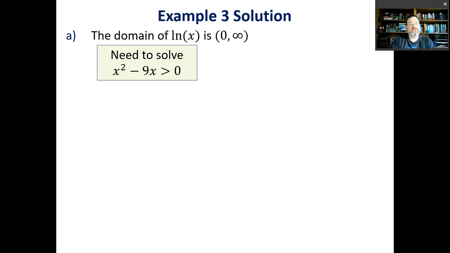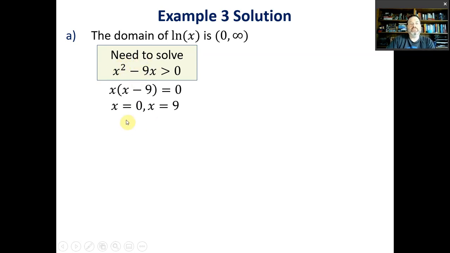So you solve it using the standard rules of solving inequalities. You factor and set it equal to 0. This tells us that the function is exactly 0 when x equals 0 or x equals 9. And we want to know what values of x will become positive, because we need positive numbers as our input.